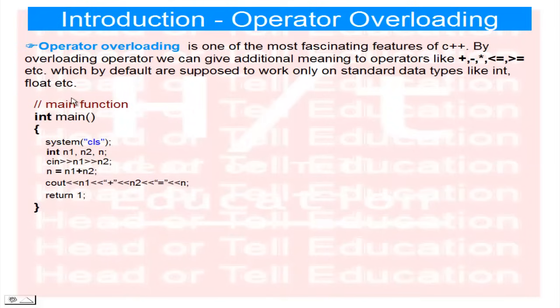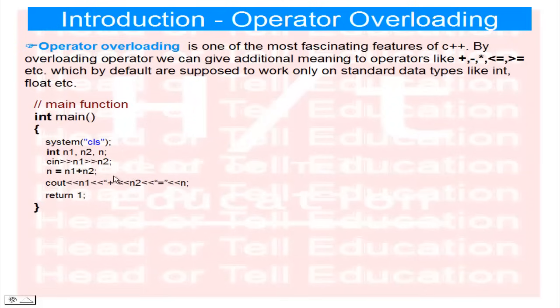Suppose in C++ we have a main function, a simple program. Here I have created integer type variables n1, n2 and n. Now if we need to input values we use cin n1, n2.